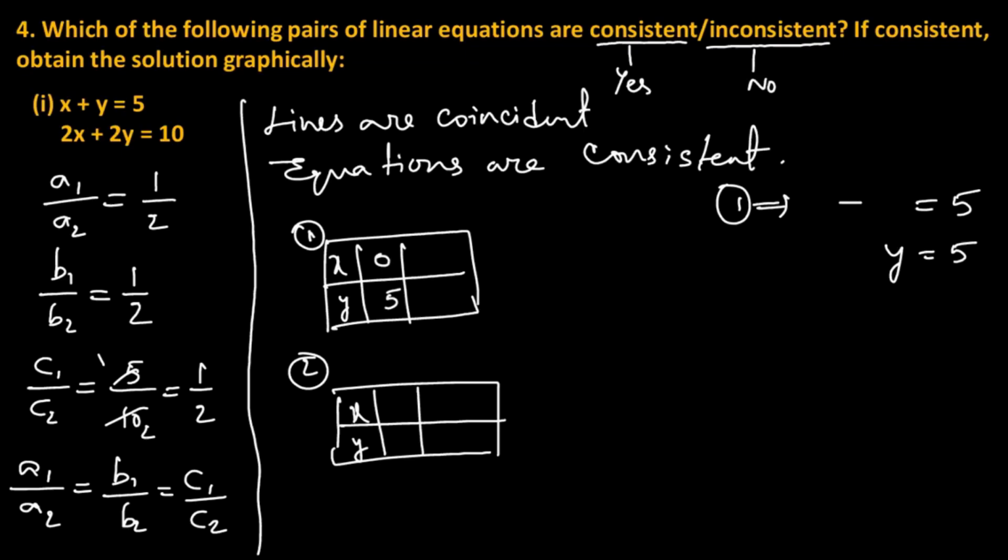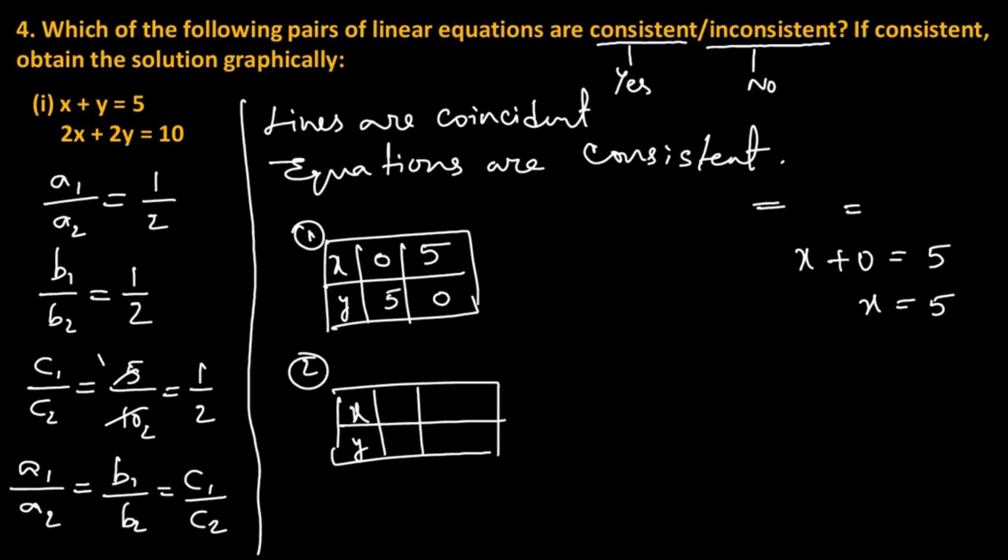Next one, from the same equation, if I take y as 0, x plus 0 is equal to 5, then x is equal to 5. When y is equal to 0, x is equal to 5.